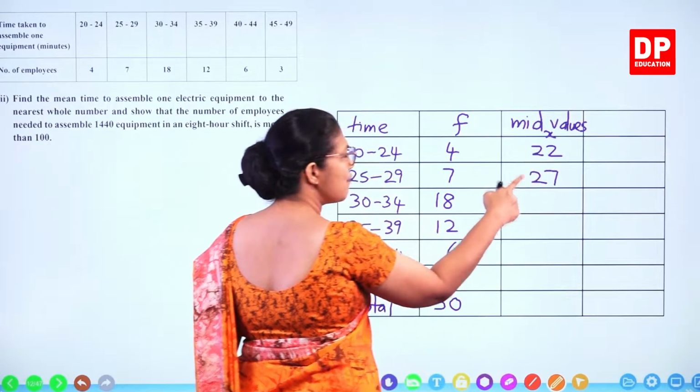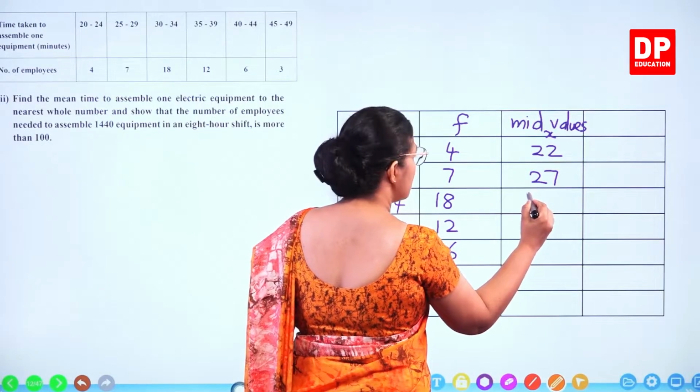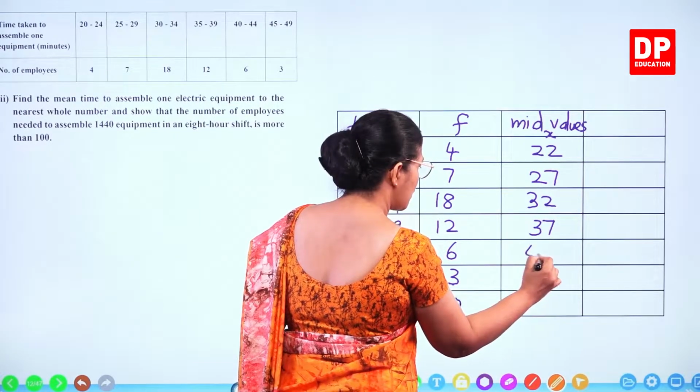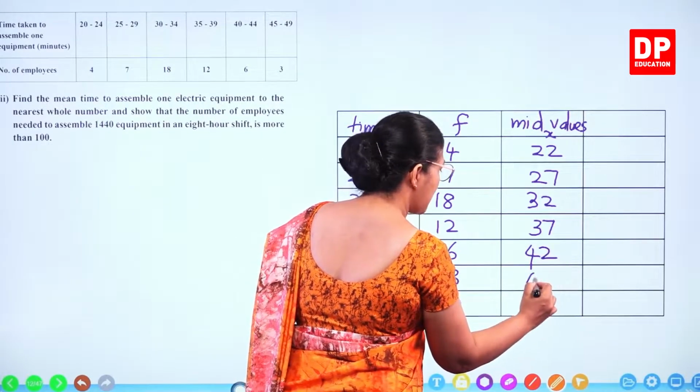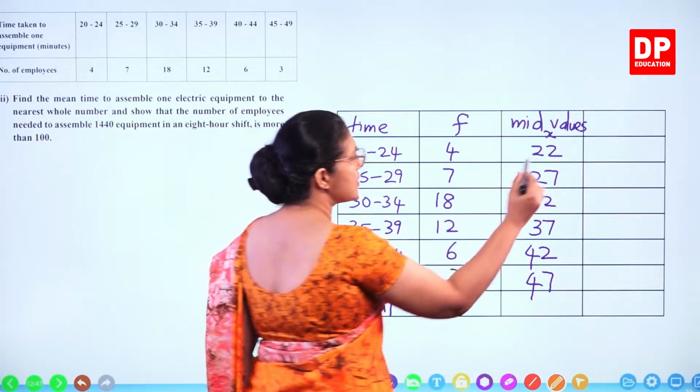So that means adding 5. There's a pattern, adding 5. So you get 32 here, 37, 42, 47. Now we can multiply f into x.